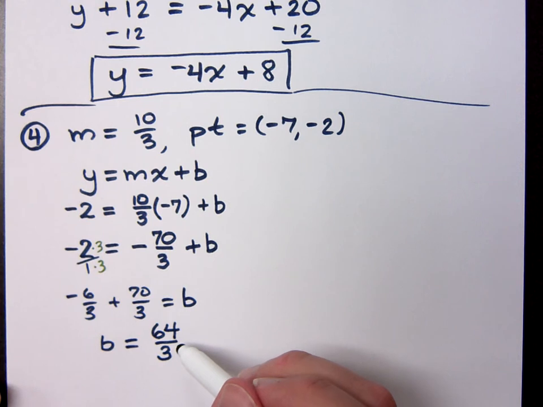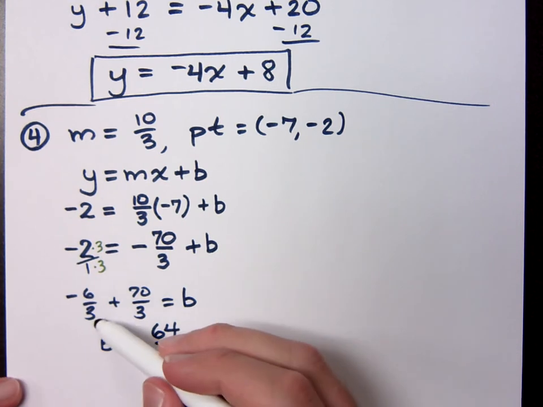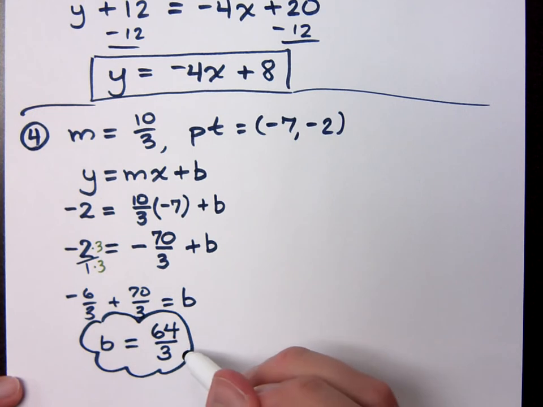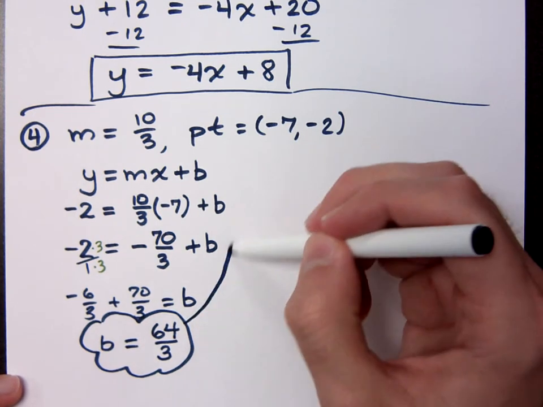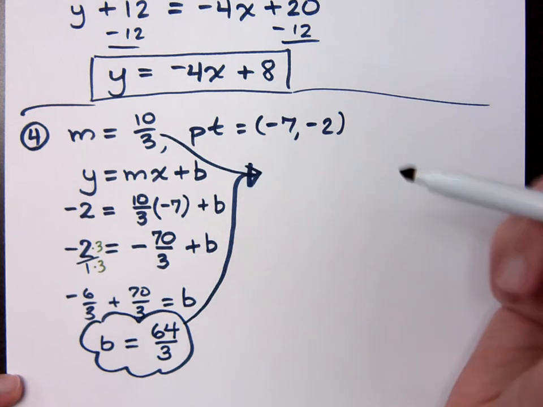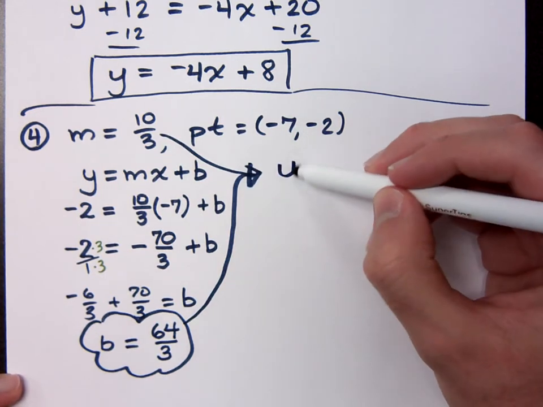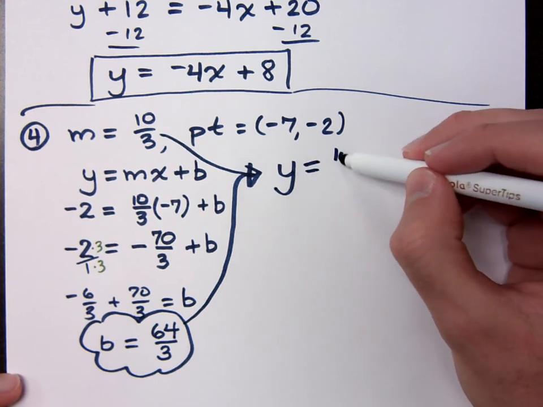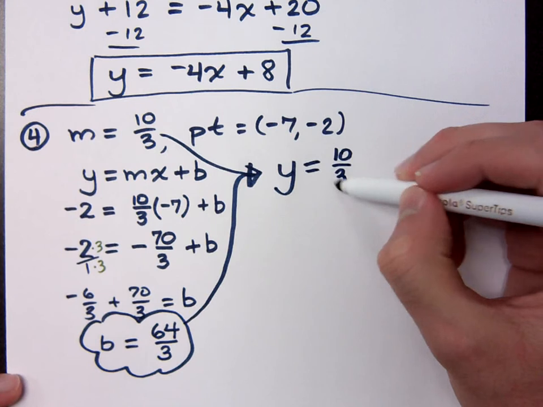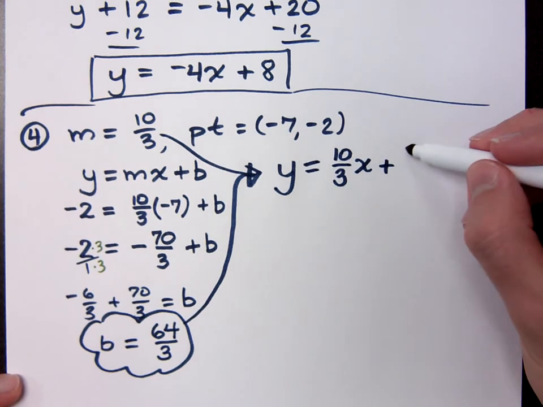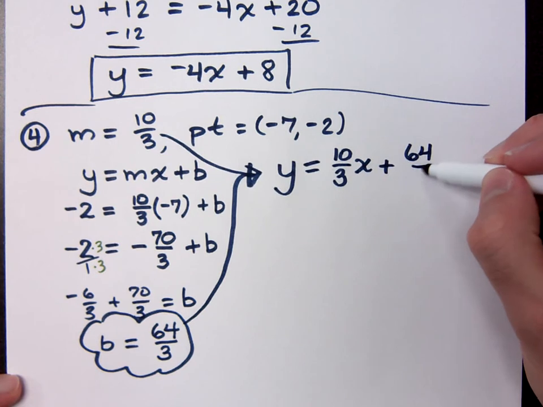Am I done with everything? It's only part of your answer. So take my b, and I take my slope, and what's my final answer? Y equals 10 thirds x plus my b, 64 over 3.